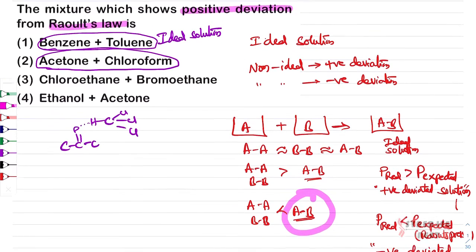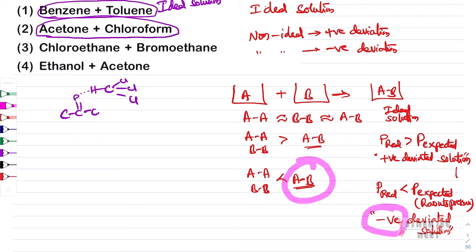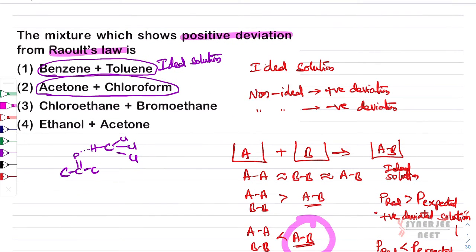Therefore, it comes under negative deviation. This is an example of negative deviation from Raoult's law. And chloroethane and bromoethane: this is an example of ideal solution, as the intermolecular forces are almost the same.